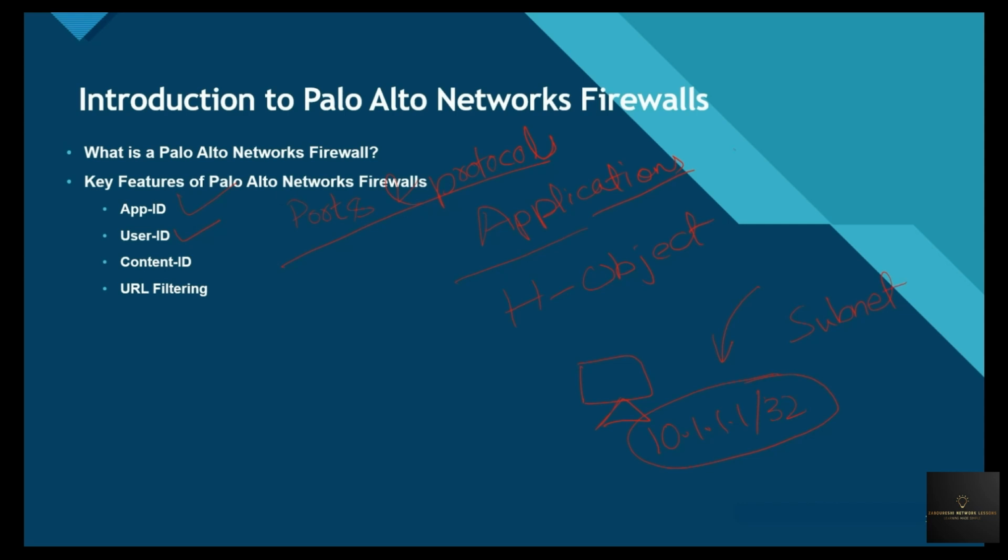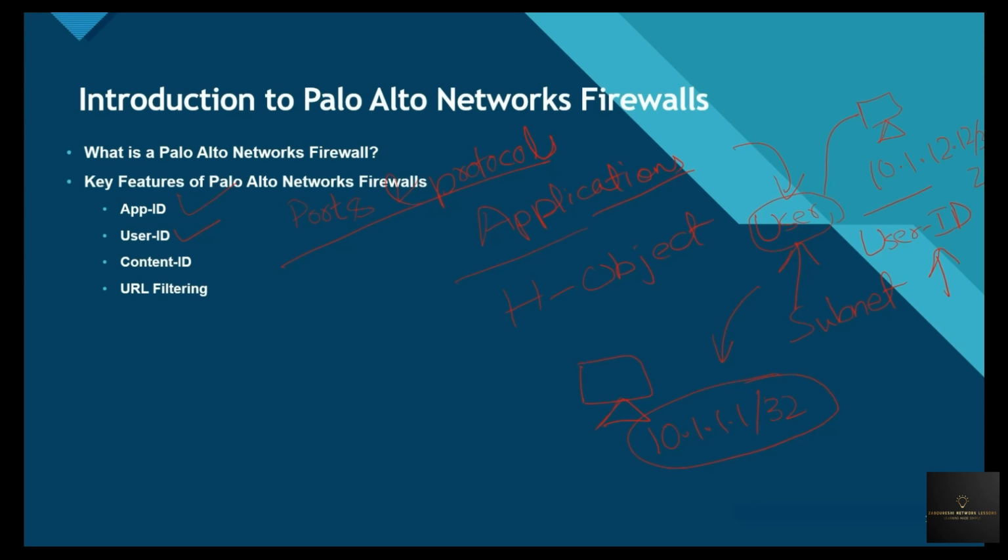Now, in today's network, we identify the user itself. Tomorrow, if this user logs into another device which changes the IP to some other subnet, that policy will still apply to this user because the policy is using the User-ID feature.